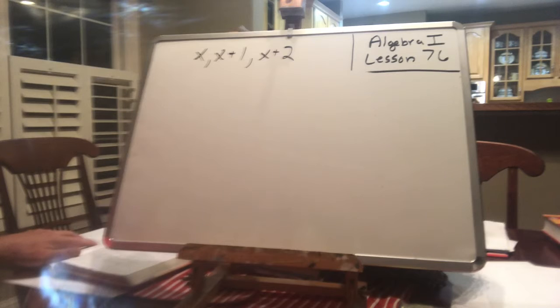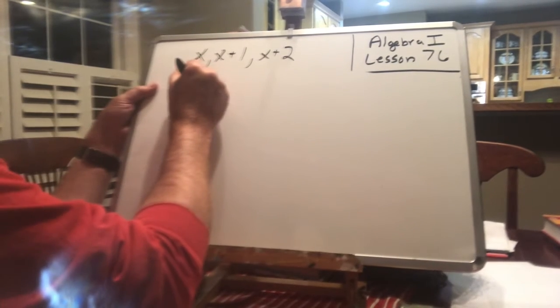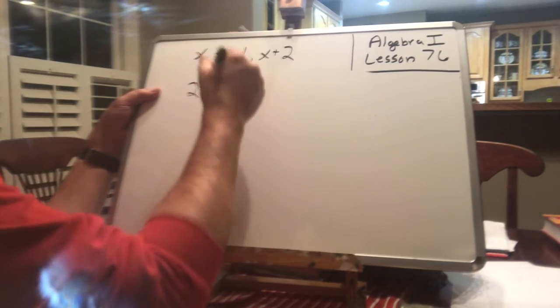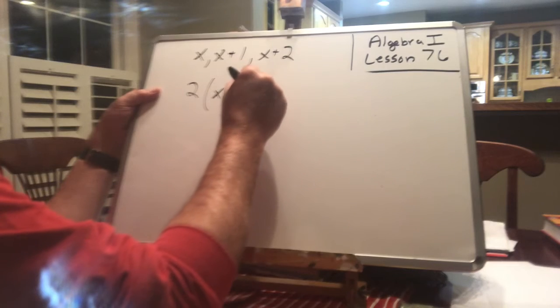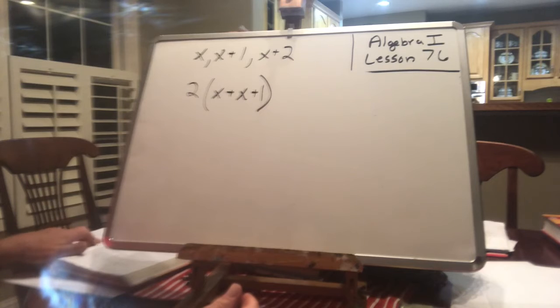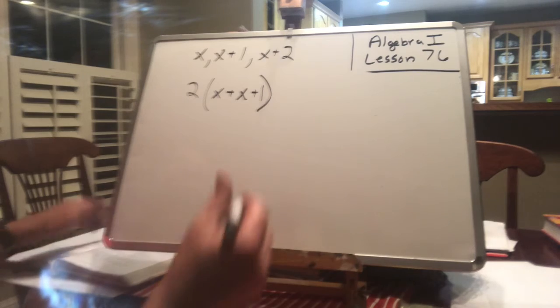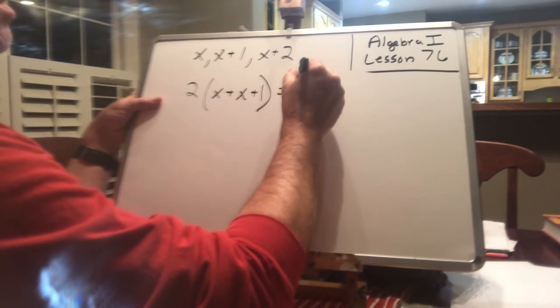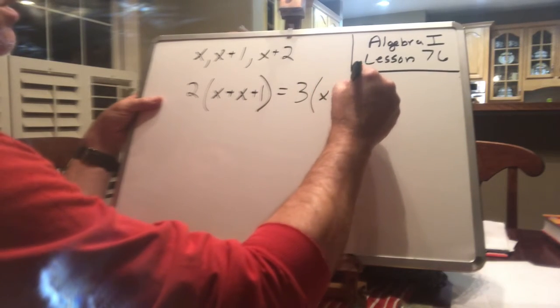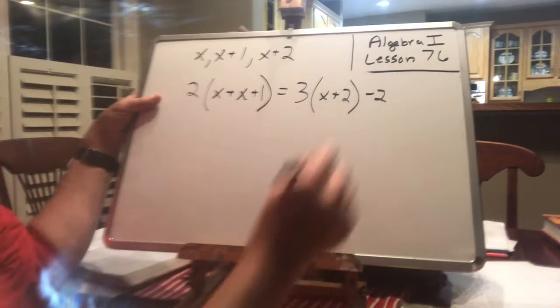Find three consecutive integers such that twice the sum of the first two, twice the sum, means I'm going to be multiplying 2 times the sum of the first two, which is x plus x plus 1, is 2 less than 3 times the third, which is x plus 2.